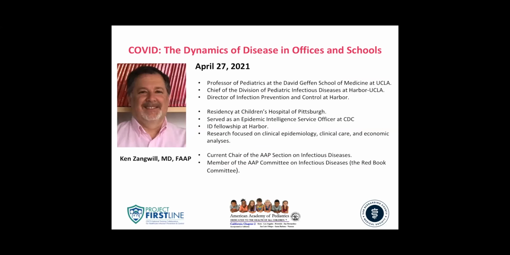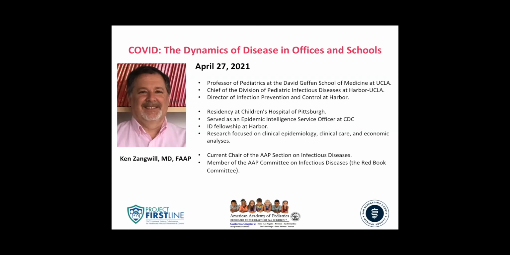To begin with the program, I would like to introduce our speaker for the evening. Dr. Ken Zangwill is professor of pediatrics at the David Geffen School of Medicine at UCLA and chief of the Division of Pediatric Infectious Diseases at Harbor-UCLA Medical Center in Los Angeles. He also is director of infection prevention and control at Harbor, where he is active on the General Pediatrics and Infectious Disease Services.